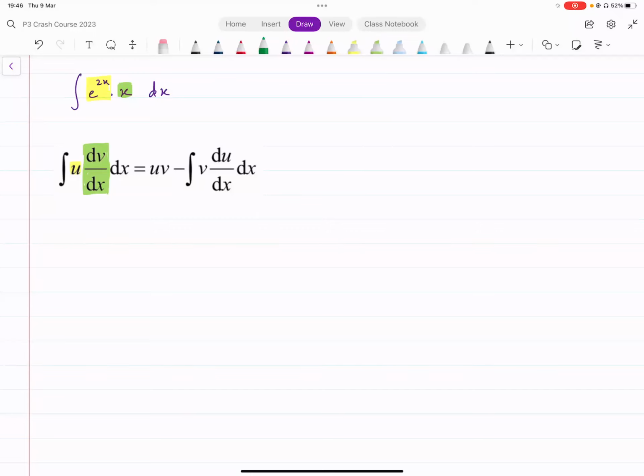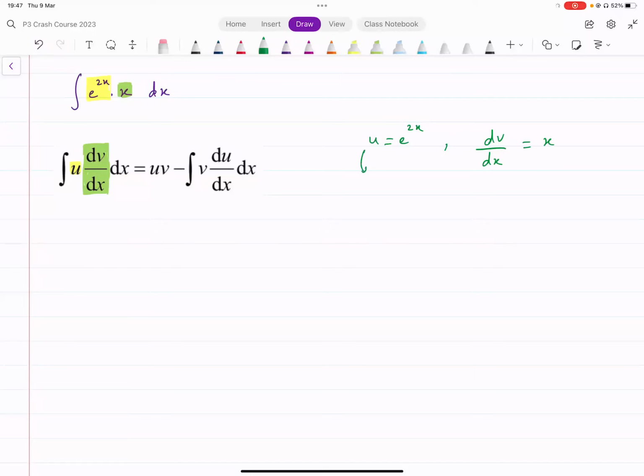Now, if u is equal to e raised to power 2x and dv over dx is equal to x, what we need to find is du over dx first of all.